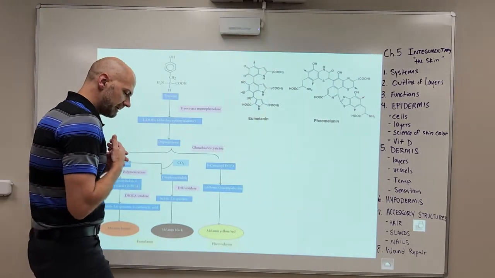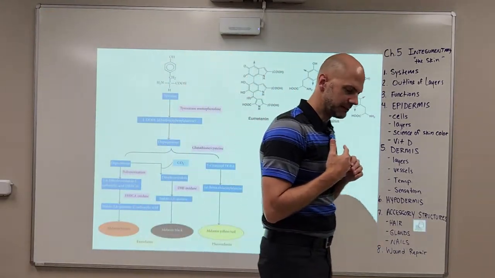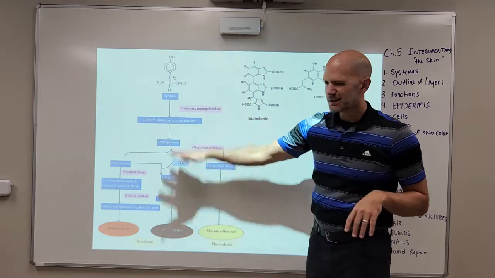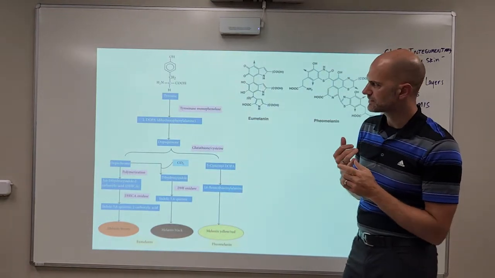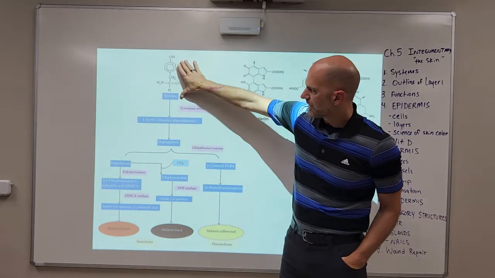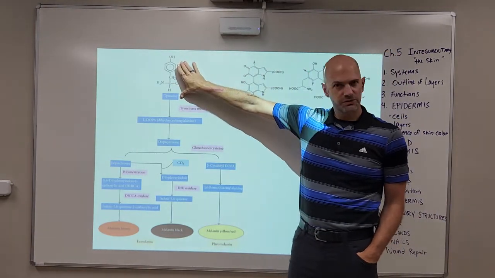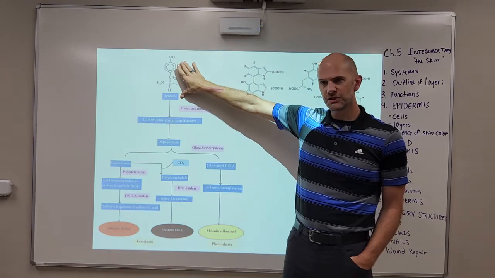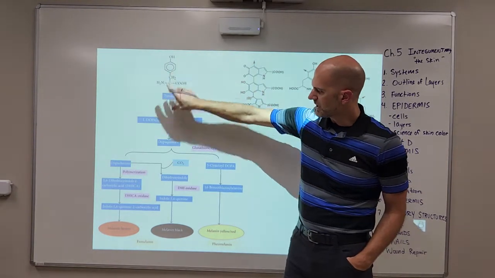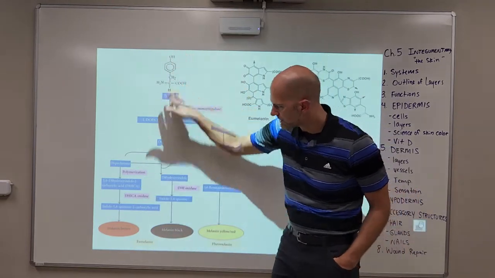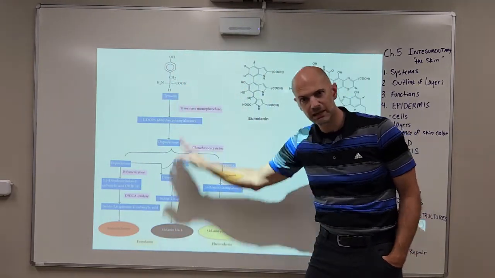So, a little bit about the biochemistry of melanin. I'm not going to expect you to memorize this pathway, but there are a couple of molecules that you need to know. We start off with tyrosine. Tyrosine is one of our 20 amino acids. It's one of the traditional amino acids that is found in all proteins. And from tyrosine, we can make melanin. This is the biosynthetic pathway for making melanin.